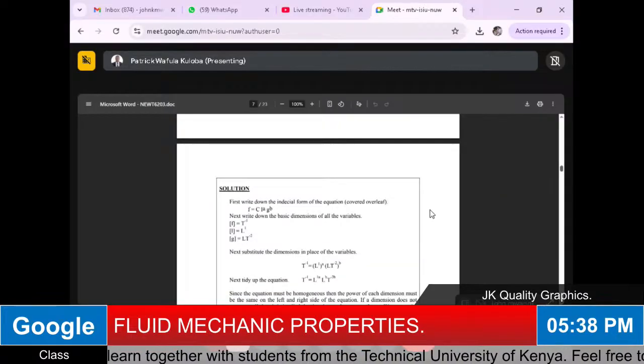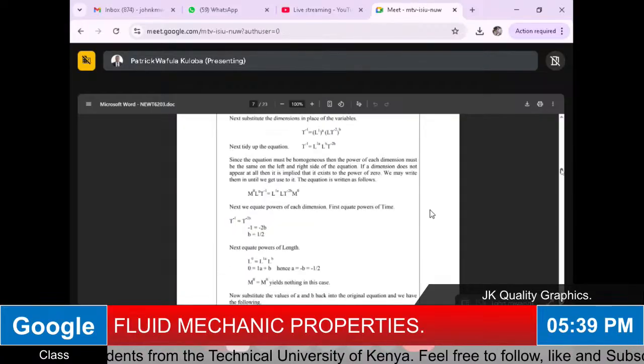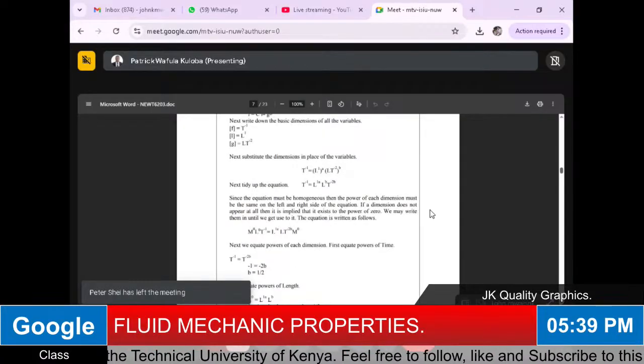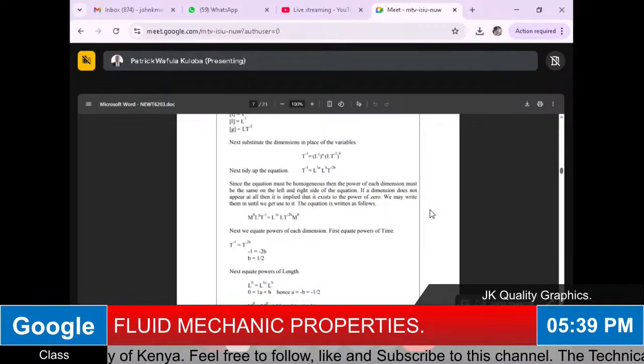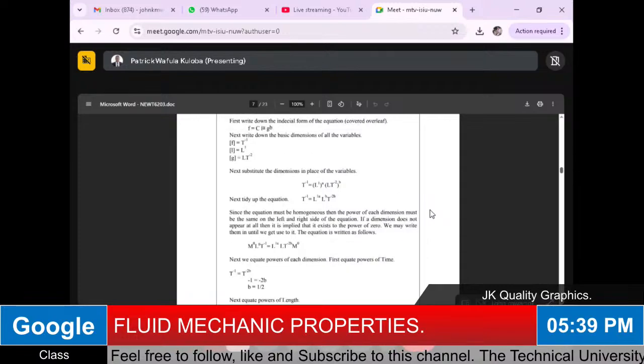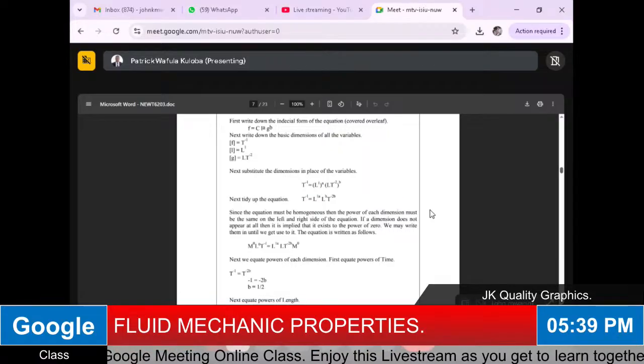First, look at that example. Write the NLT equation for each of those functions. So for frequency, the NLT equation is 1 over T, which is T raised to minus 1. The NLT equation for length is just L.